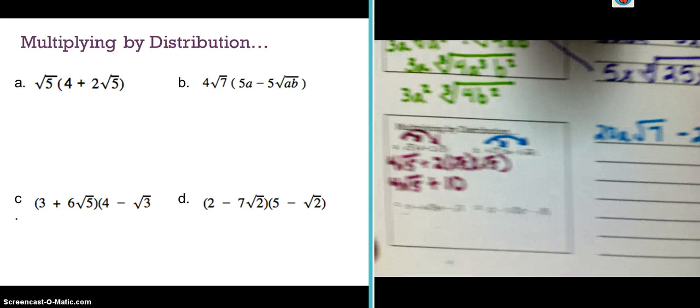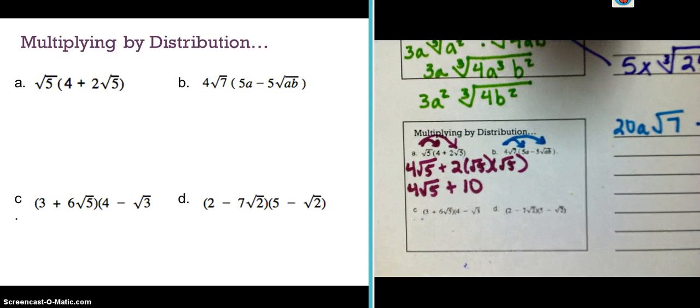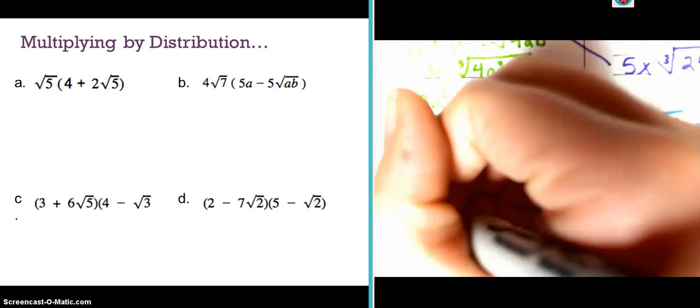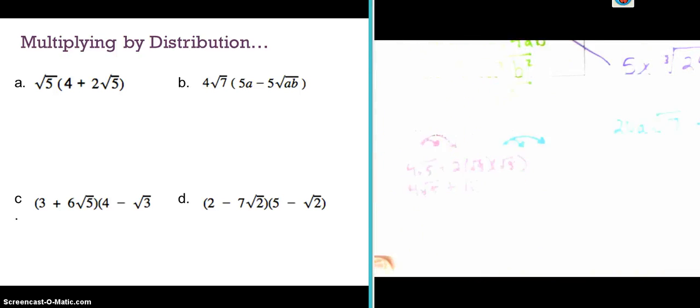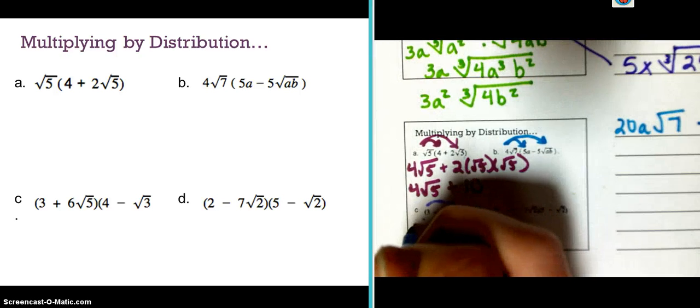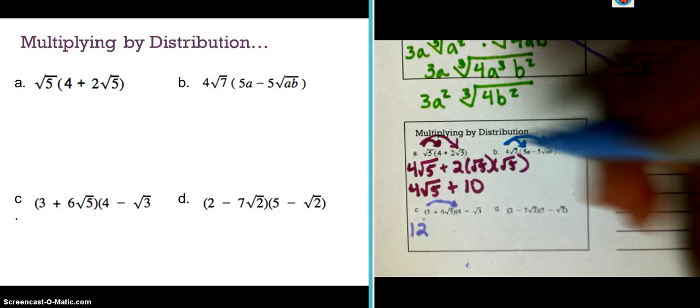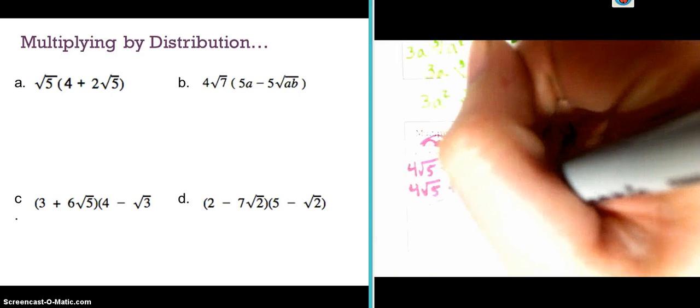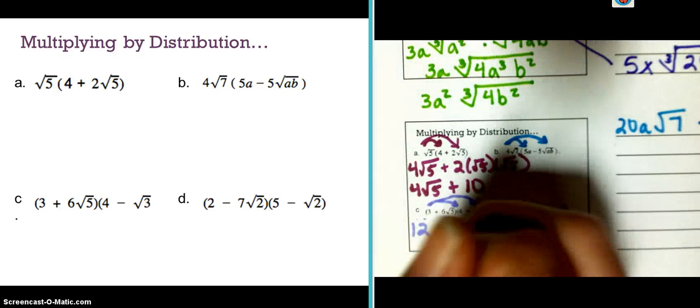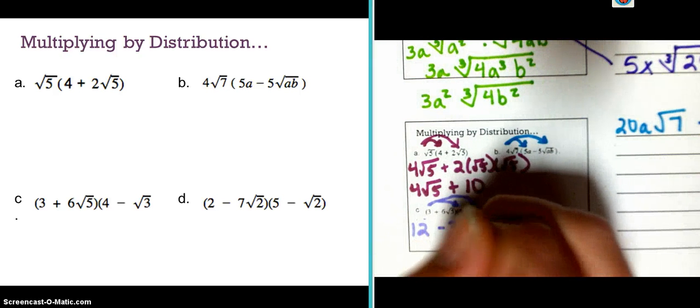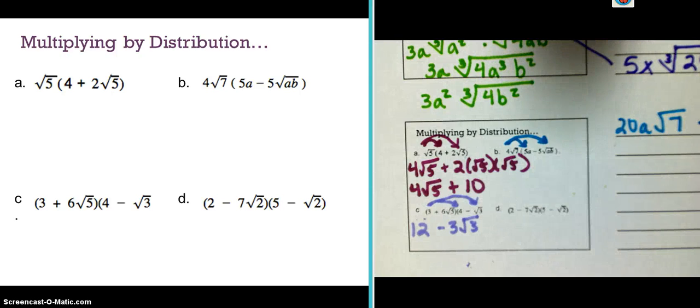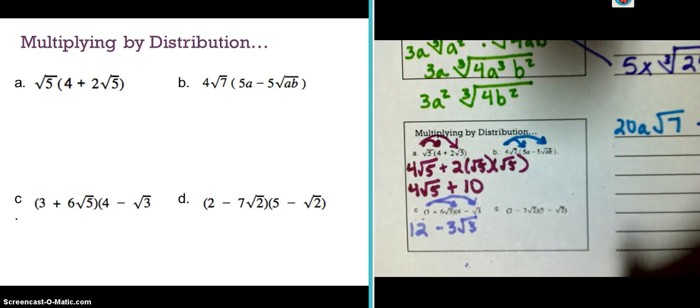When I do C, we actually have to do our double distribution like we've been practicing. So I'm going to do 3 times 4, 12. Then I have 3 times negative square root of 3, which is just negative 3 square root of 3. Then I have to do the bottom ones.